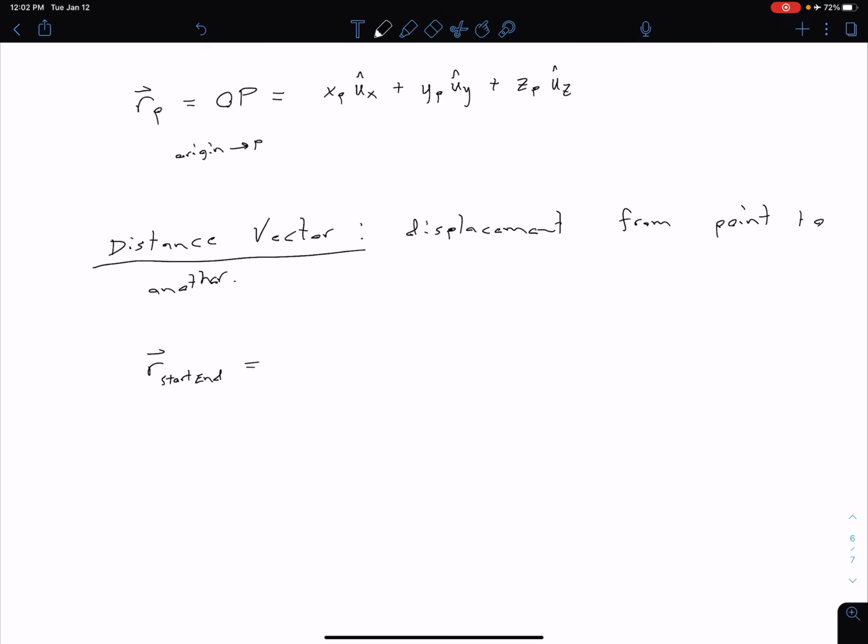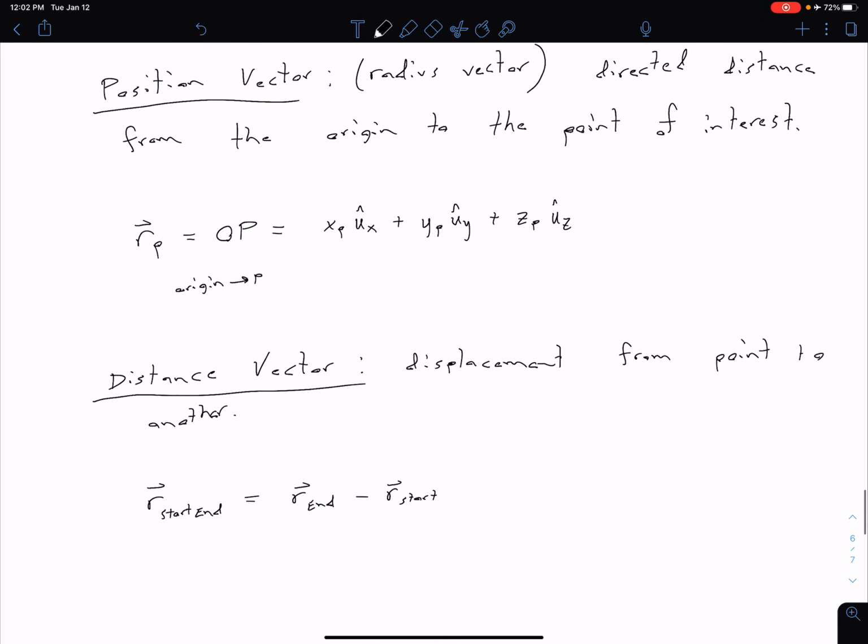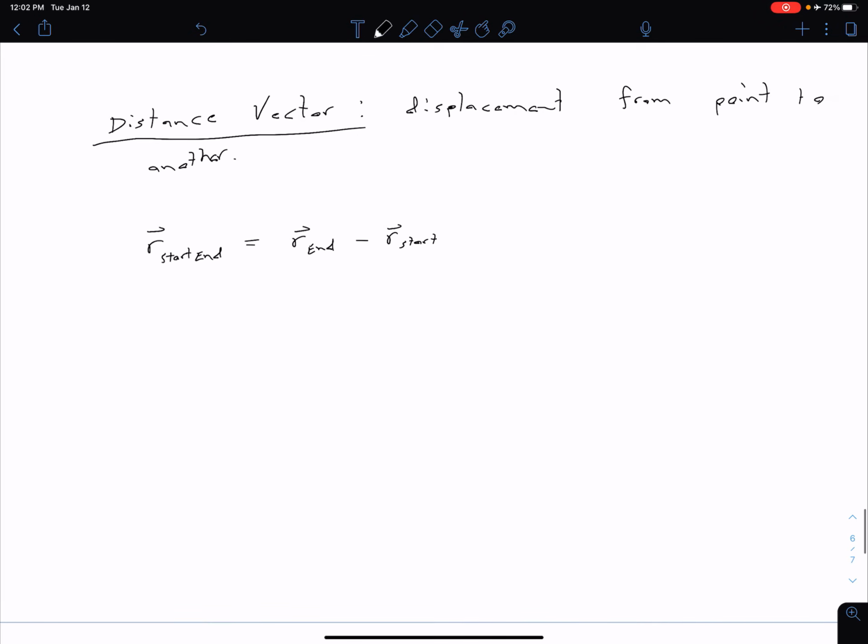That's going to be equal to our r at the end point minus our r at the start point. So the distance from P to Q is going to be opposite from the distance from Q to P. The direction is just flipped around because we flip this operation.